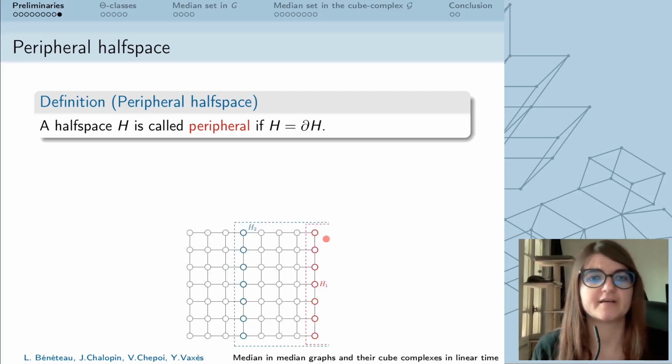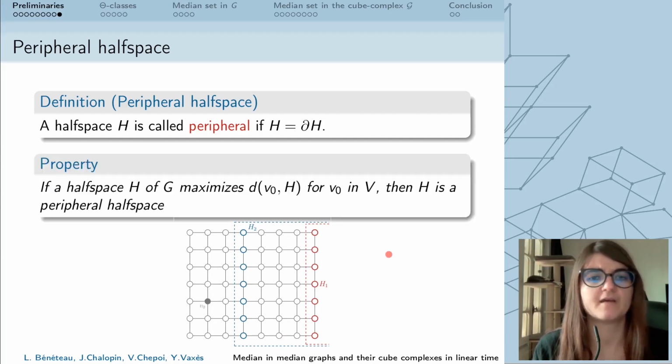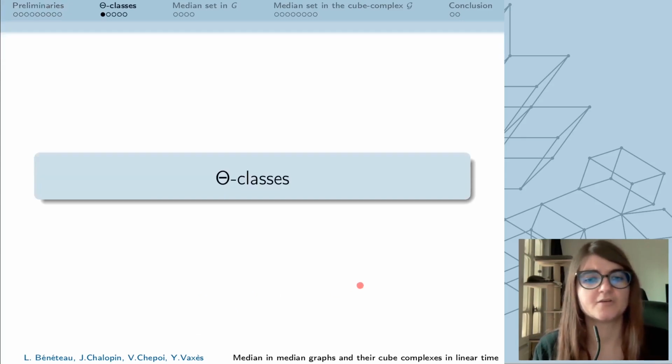So, for example, here the red half space is peripheral, while the blue one is not. And the peripheral half space property says that if a half space maximizes the distance to a fixed vertex of the graph, then it is peripheral. So we'll use it to compute the theta classes.